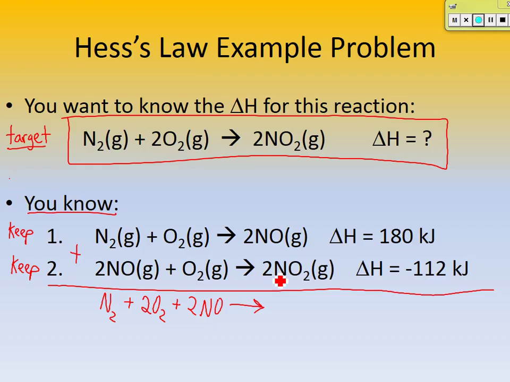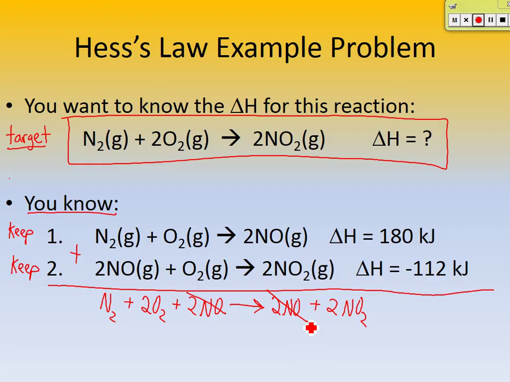Now let's list everything on the right. Be careful. Nitrogen dioxide is different. We can't add these together because they're different substances. So I'm going to put 2 nitrogen monoxides plus 2 nitrogen dioxides. Now let's cancel out like terms. The nitrogen monoxides will cancel out. If they're the same on both sides, you get to cancel them out.